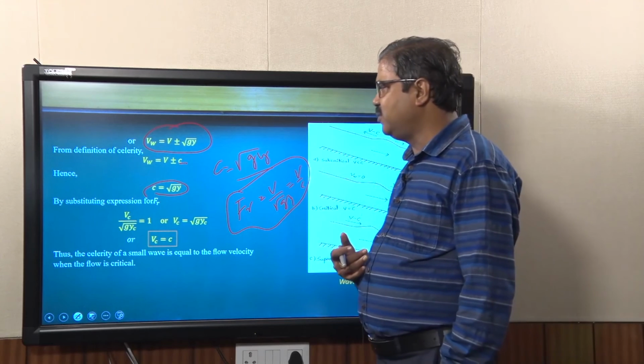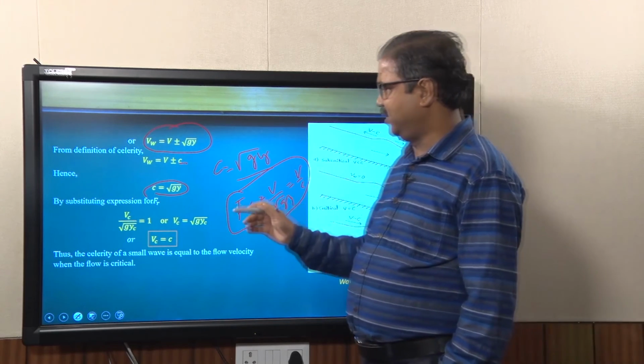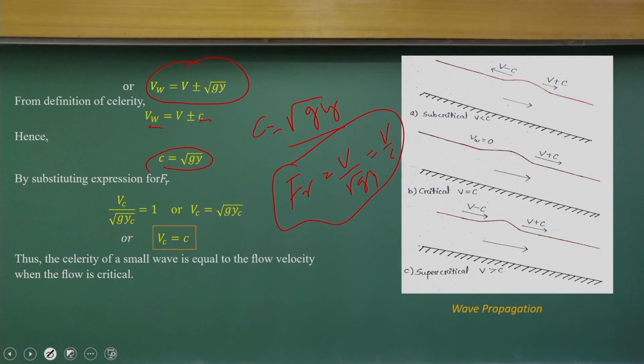Now, very interestingly, there will be two parts. The Vw can have positive and negative values depending upon the V and C values.